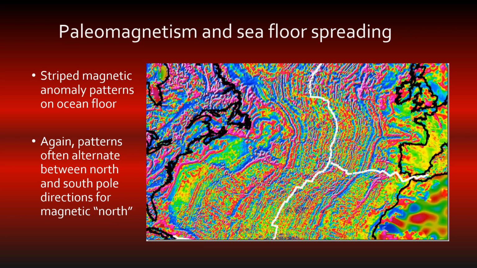And you can see that the magnetic anomalies come down and then they're cut or offset by that fault there. So that's evidence also of transform boundaries being associated with divergent boundaries.